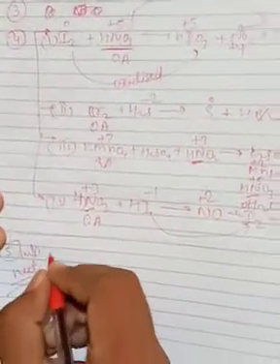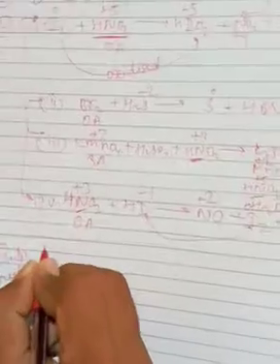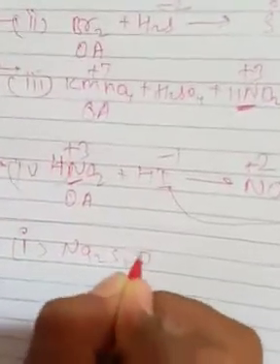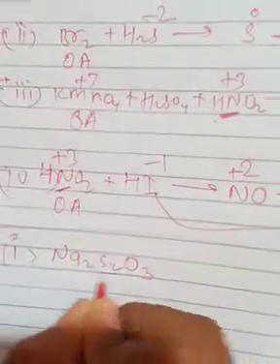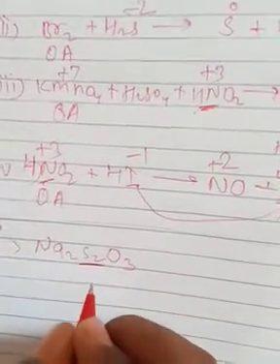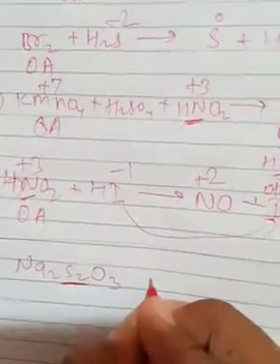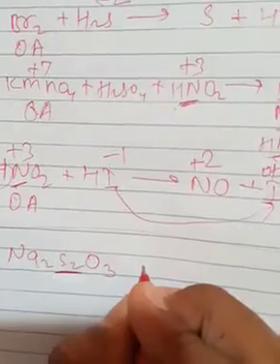I have some examples of this point. The first example is Na2S2O3. Here two sulfurs are present, but the oxidation states of both sulfurs are not the same. The oxidation state of one sulfur is -2 and of the other is +6.